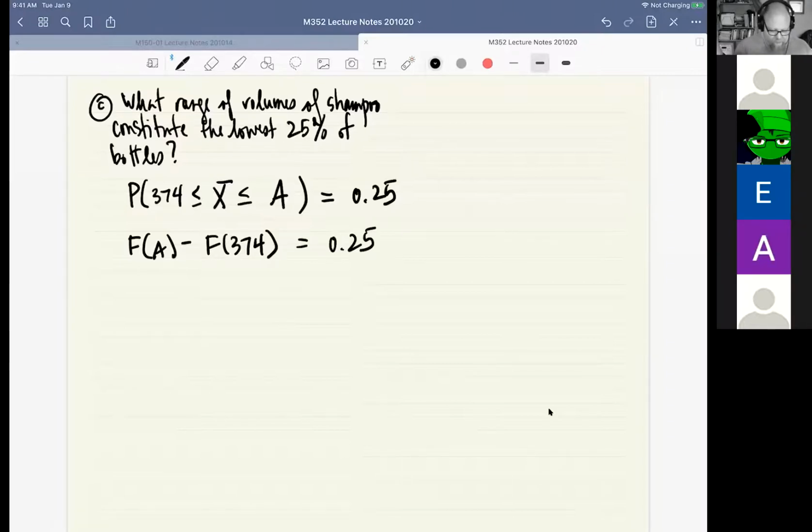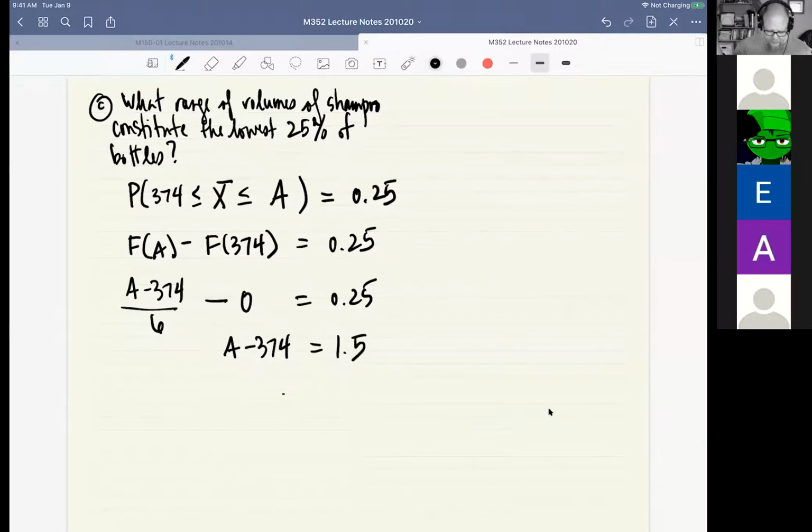But I have a formula for F of A. F of A is A minus 374 all over 6. And I have a formula for F of 374. You plug 374 back into our cumulative distribution function, you get 0. So now I'll multiply both sides by 6. And I get A equals 375.5.